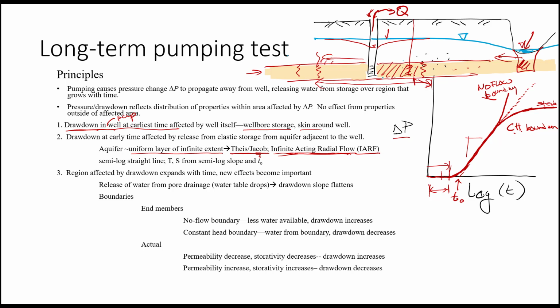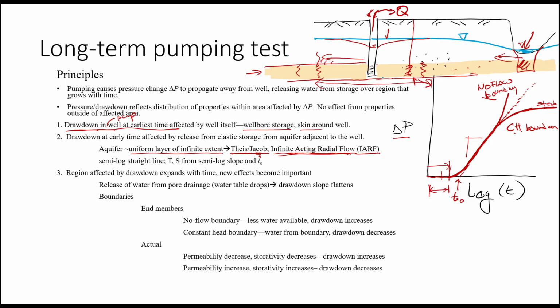Well, that certainly could happen, but what's going to happen in a lot of cases, and we might imagine in just an end member case, is that there's not really a confining layer there at all.